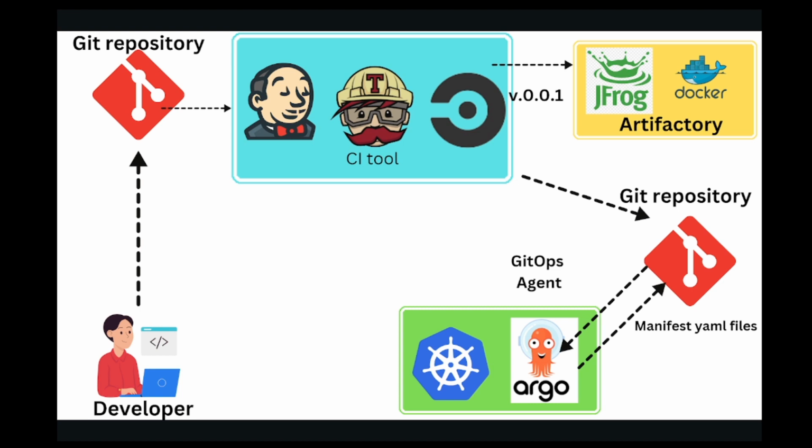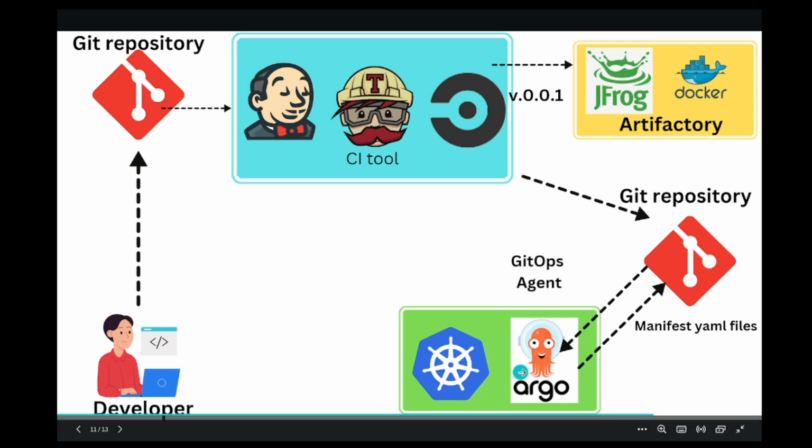The point that you need to note here is that nobody will have direct access to the Kubernetes cluster, right? The GitOps controller running inside the cluster is constantly monitoring the Git repository.